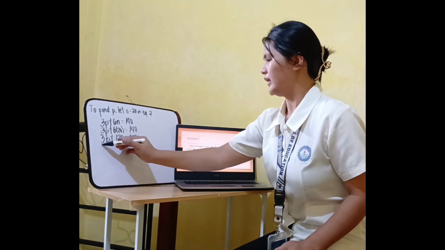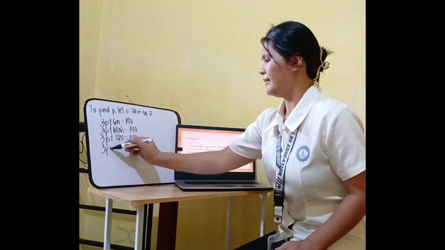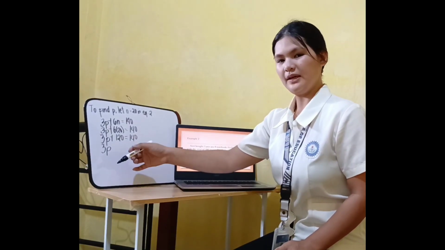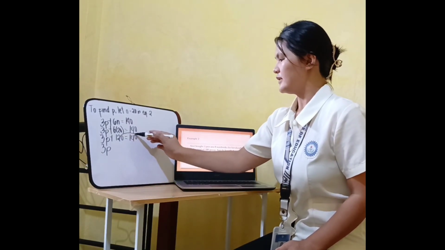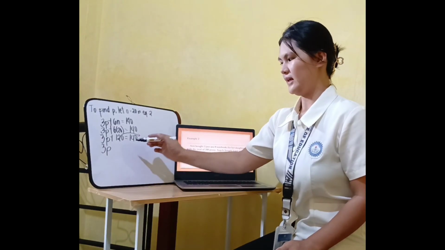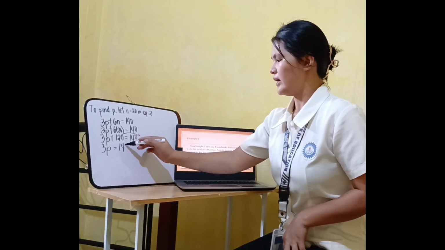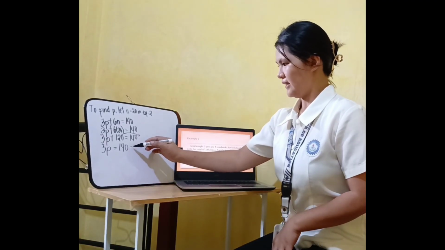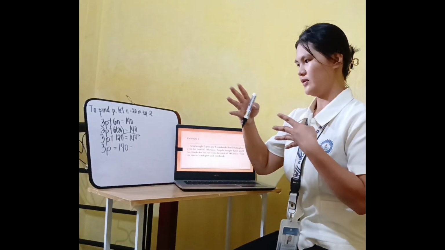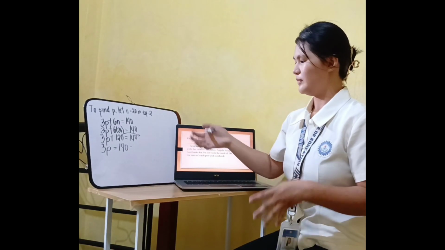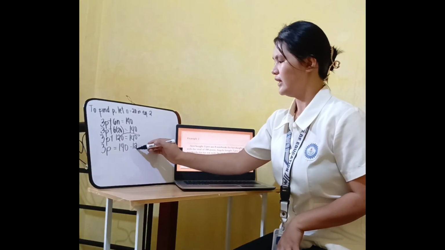Copy the 140. And para ma-isolate natin si variable P, we have to transpose the 120 to the right side. So 3P is equal to 140 minus, because you transpose it to the right side, that would become negative 120.